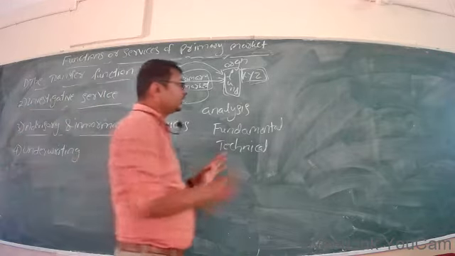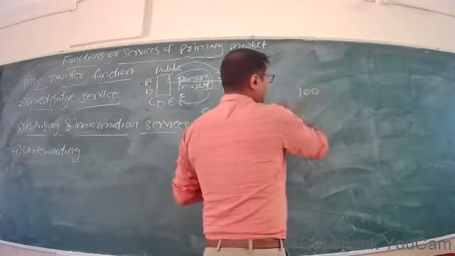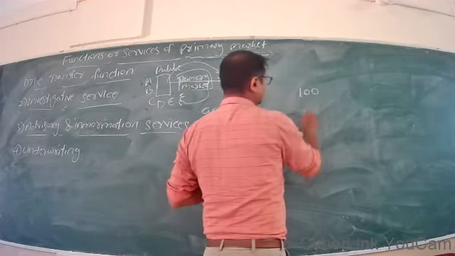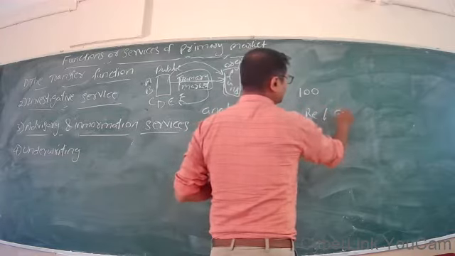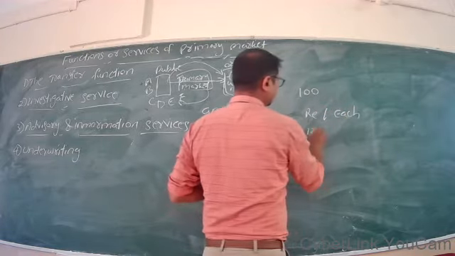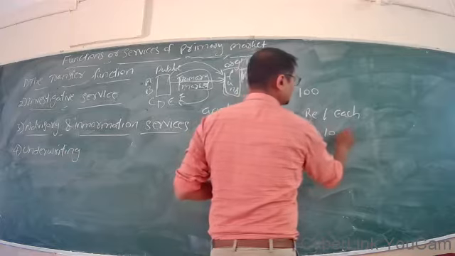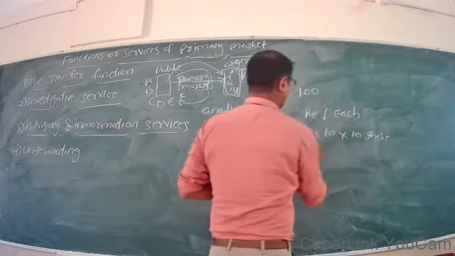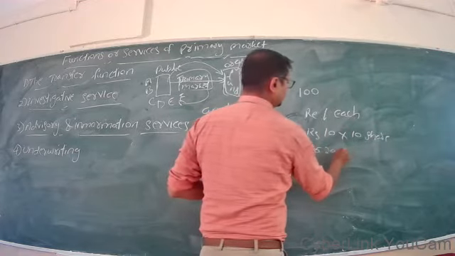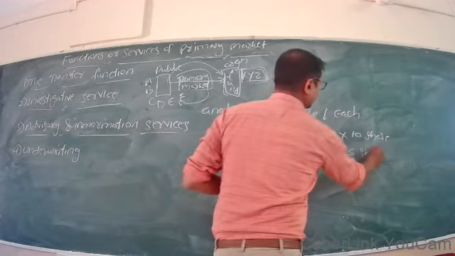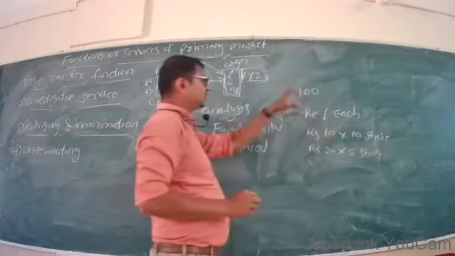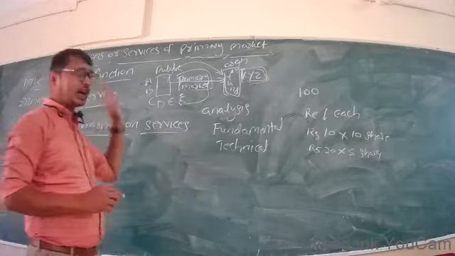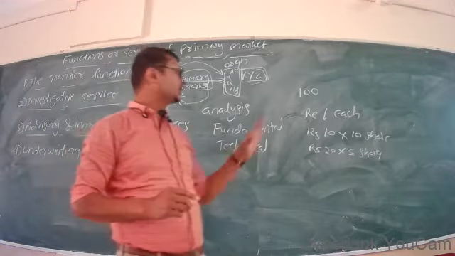Advisory in the sense, if this company needs 100 rupees, should it be 100 shares of rupee 1 each, or 10 shares of rupees 10 each, or 5 shares of rupees 20 each? Which is feasible for this organization? These things are decided and advised by primary market experts.